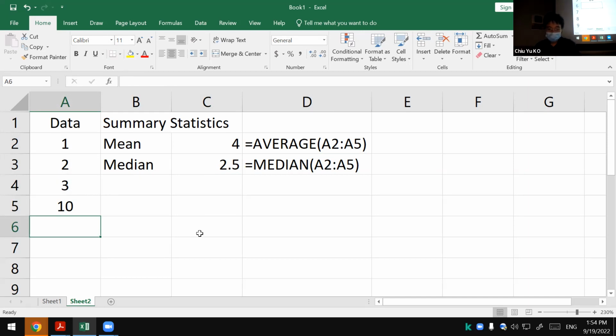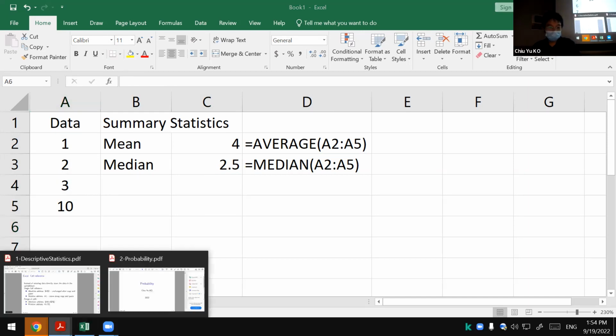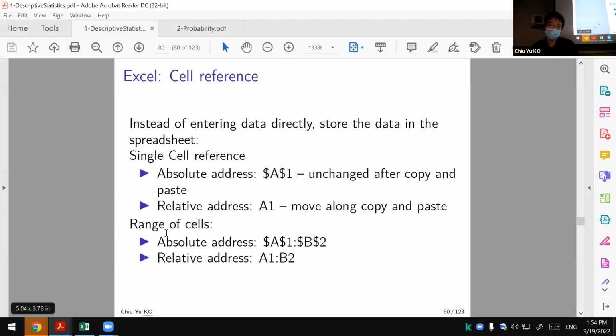Here I don't want to go into more details, but just to remind you that one thing that distinguishes you as a good or intermediate Excel user is whether you know how to use absolute address.